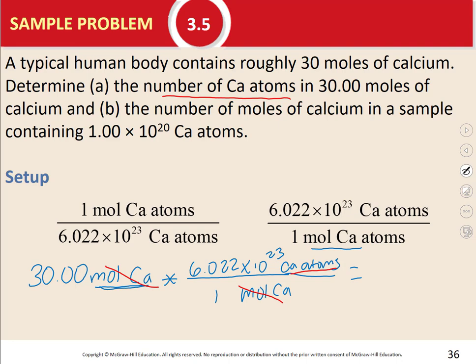What do we end up with? 30 times 6.02 times 10 to the 23rd. Times 10 to the 25th. And now our unit is calcium atoms.